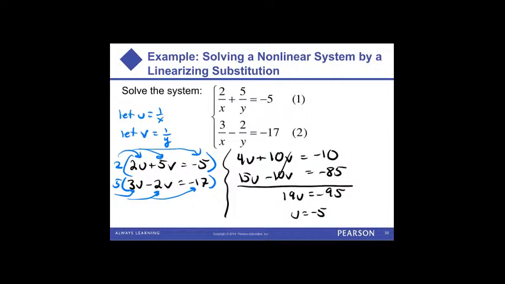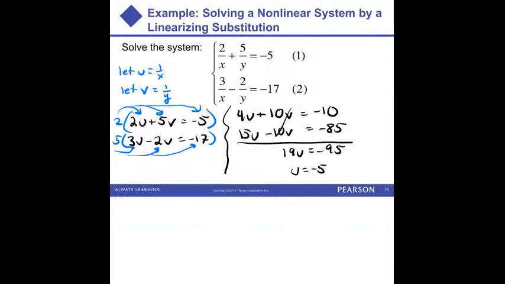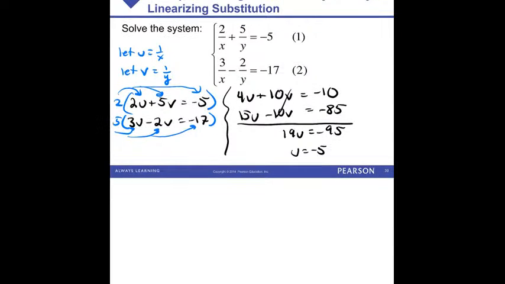So then we're going to have 2 times negative 5 plus 5v equals negative 5. It's going to be negative 10 plus 5v equals negative 5. That's going to be 5v equals 5, v equals 1.